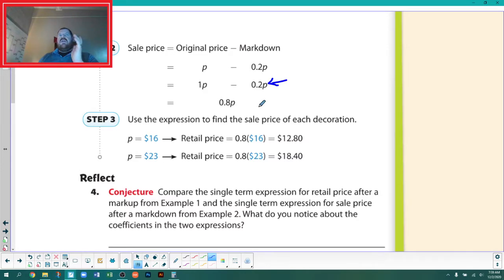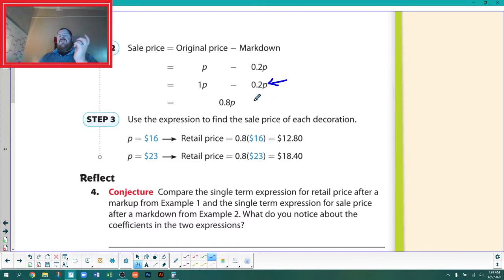Odds are I'm going to use a calculator anyways, so there's often times that I like using this strategy, even though there are a few more steps. I have to rewrite numbers, and that's the big thing that we don't like about it. I would have to rewrite the sale price each time.